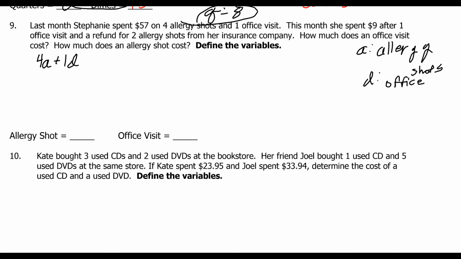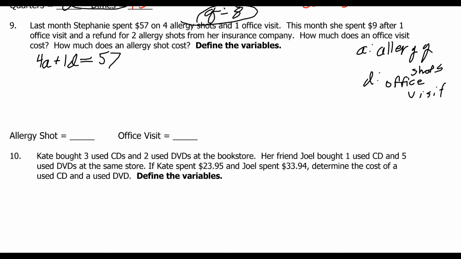You're probably wondering why I'm not using O. My O's sometimes look like zeros, so to avoid confusion, we have 4A plus 1D equals 57.